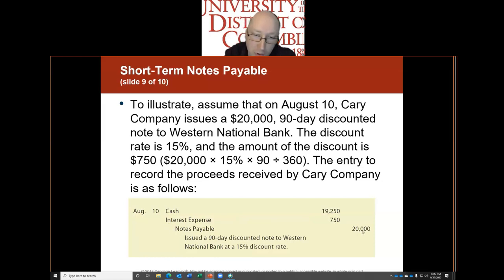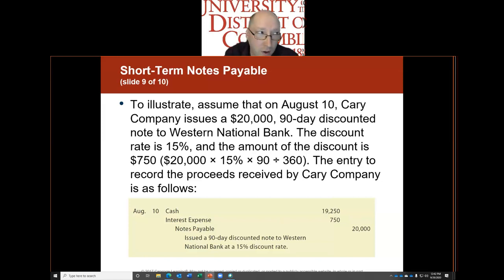We still owe the bank the $20,000, although we only got $19,250. The difference here is how the interest is recognized. If it's a discounted note, we expense out the interest. That's why we call it a discount.